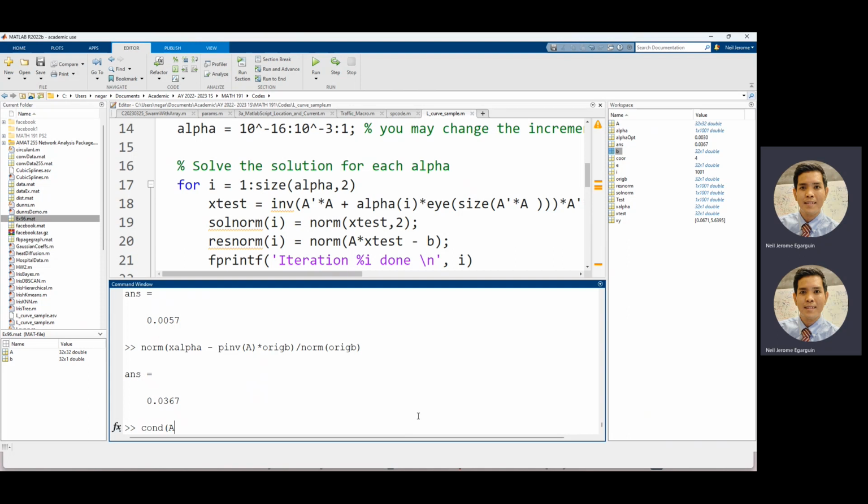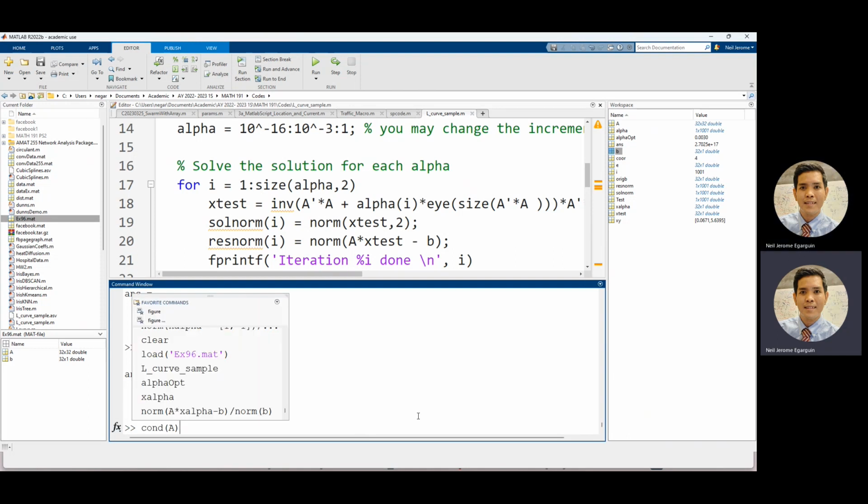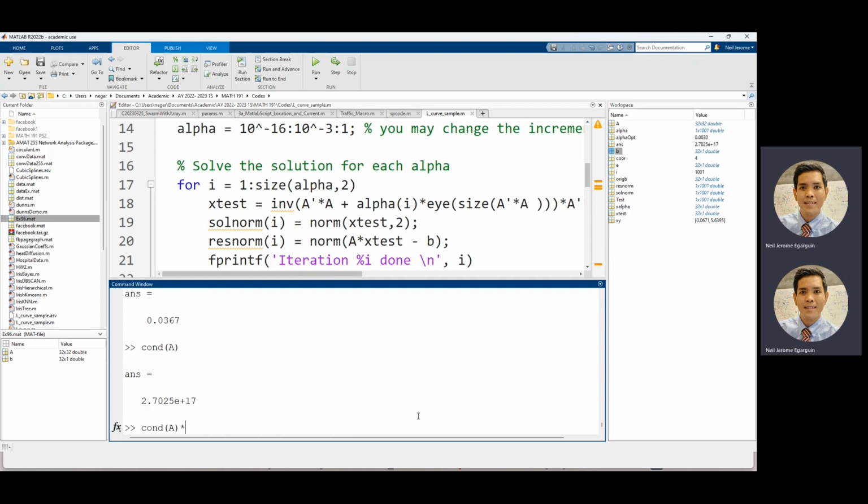So just type cond of A, and you get 2.7025 times 10 to the 17, right? So that means the upper bound for the relative difference would have been the condition number times 1%. So we should have expected a relative difference of about 2.70 times 10 to the 15.